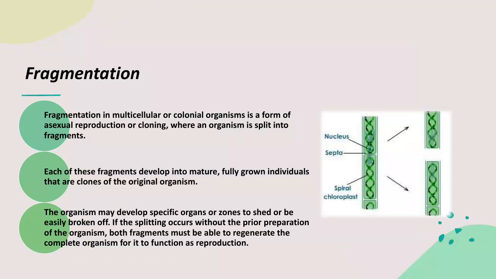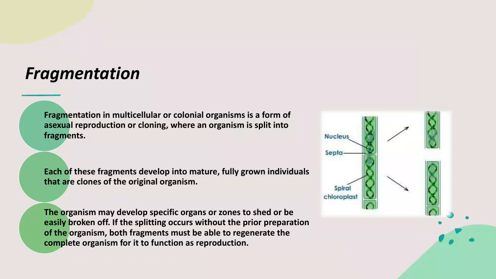Fragmentation. Fragmentation in a multicellular or colonial organism is a form of asexual reproduction or cloning where an organism is split into fragments. Each of these fragments develops into a mature, fully grown individual that is a clone of the original organism.